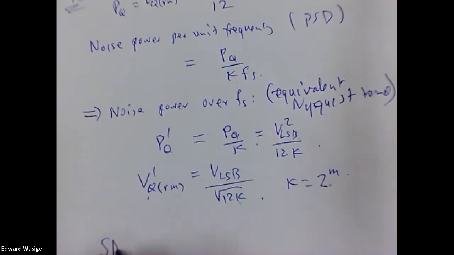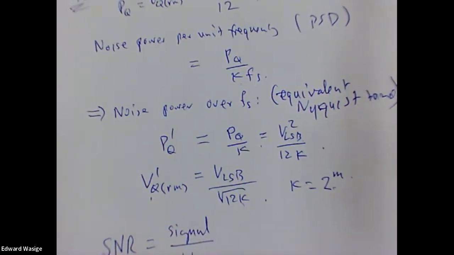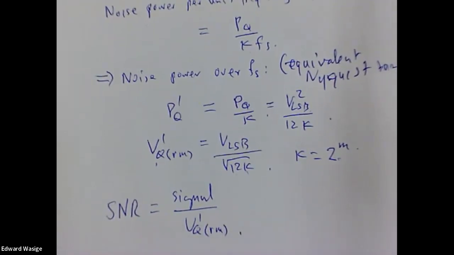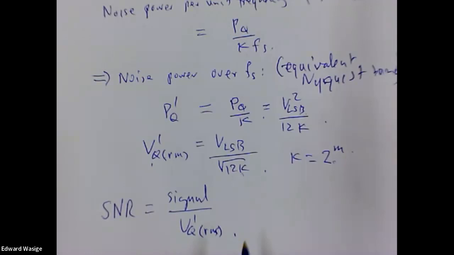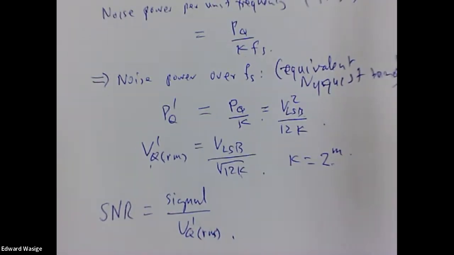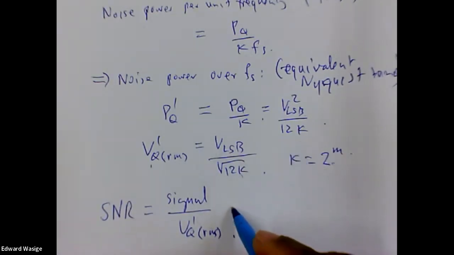So the signal to noise ratio is equal to the signal divided by VQ. In this particular case, this is the noise voltage of the oversampled signal, but only considering the noise level in the band of interest, which is only over the frequency 0 to Fs.